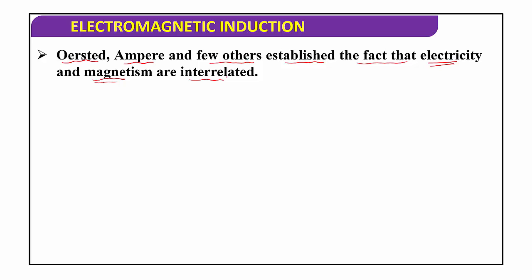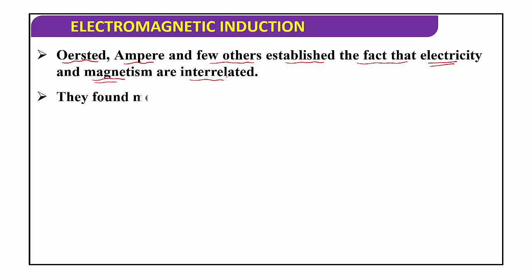Electric current and magnetism, the magnetic field, are interrelated because electric current produces a magnetic field. Likewise, in the reverse order, the magnetic field also produces electric current. So there is an interrelation between electricity and magnetism, and it was established by the scientists Oersted, Ampere and a few others.